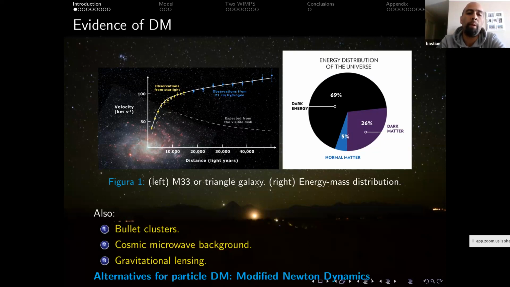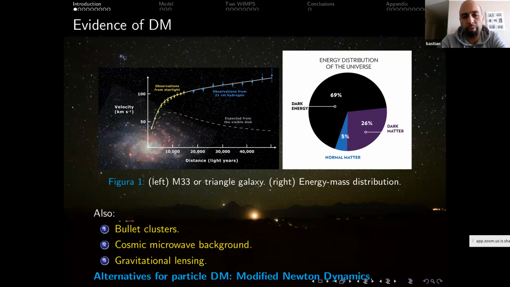So normally we expect that stars move through this dashed gray line according to the dust and stars that we observe in the galaxy. However, we observe much bigger velocities for each star, as you can see in the points in yellow and blue. So this gap is normally filled by this dark matter.